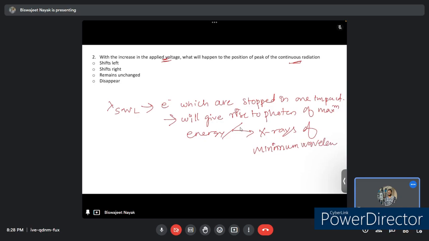As we know, energy and wavelength are inversely related, so this will give us X-rays of minimum wavelength.